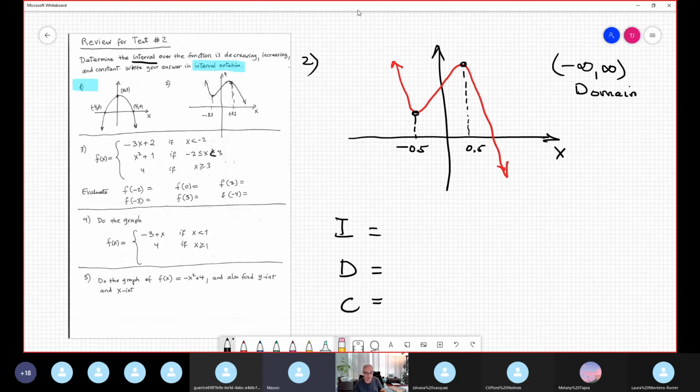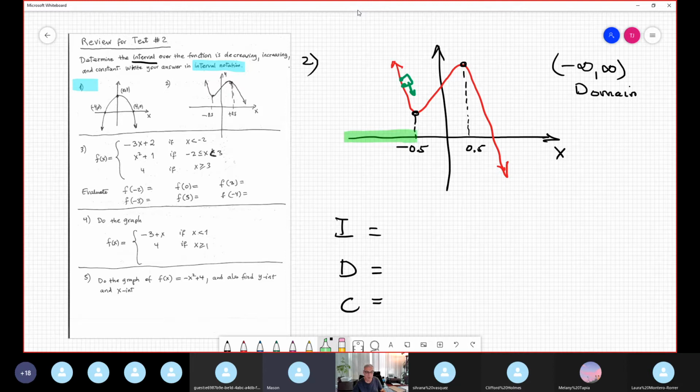For example, in that part, it's a roller coaster car going down, ¿no? Entonces, ¿es decreasing o no? Es decreasing. Yes. Absolutely.